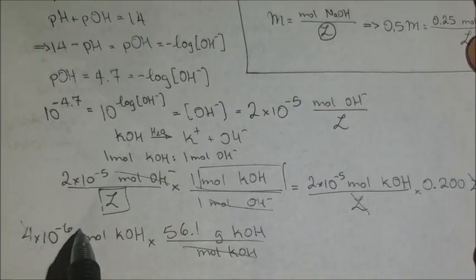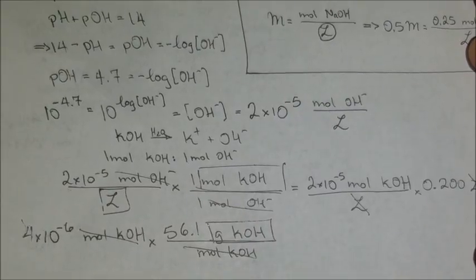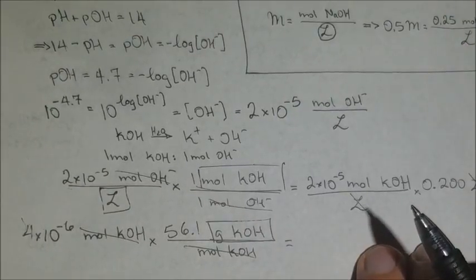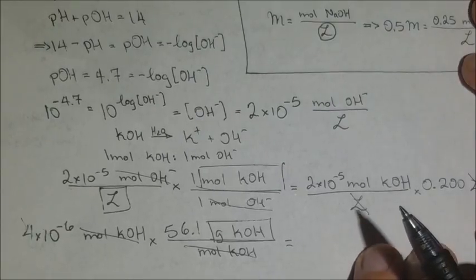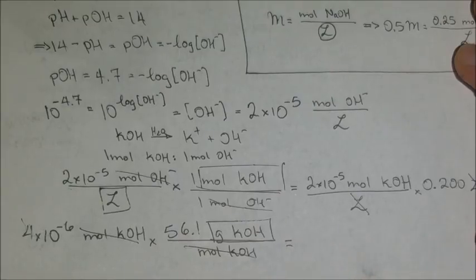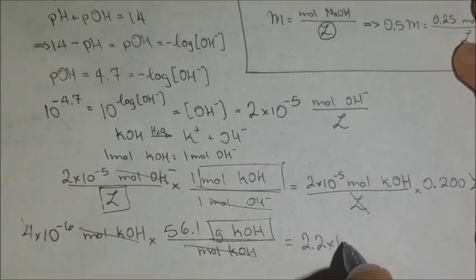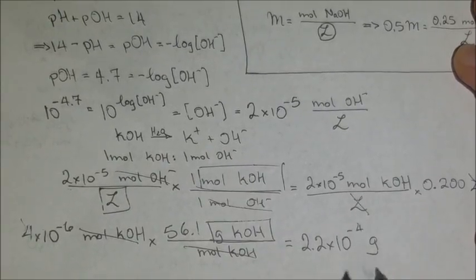Now moles of KOH cancel, and we are in units of grams of KOH. So if I do this real quick, 4 times 10 to the negative sixth times 56.1 grams per mole, I get 2.2 times 10 to the negative fourth grams.